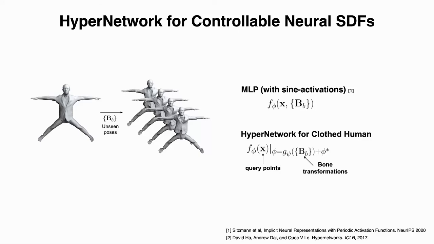In this work, instead of conditioning the f function on the bone transformations, we use a hypernetwork J psi to predict the parameters of the SDF function f phi from the input poses. So the f function itself is only conditioned on the input query points, and its parameters are predicted by hypernetwork J, which takes poses as inputs. Overall, we can obtain a pose-dependent neural SDF.